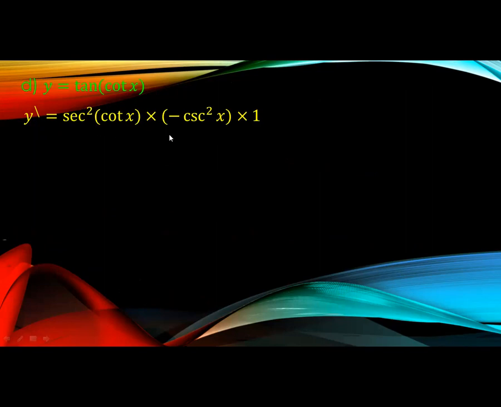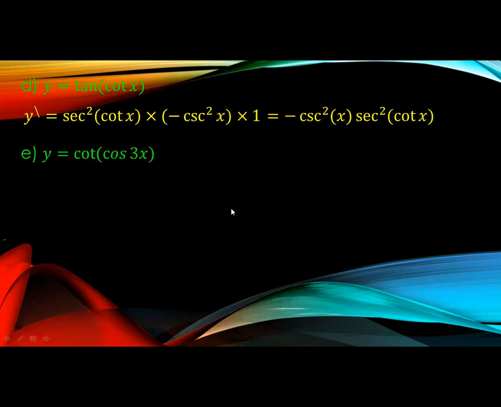The derivative of cotan x is negative cosec square x, multiplied by the derivative of the angle that is equal to 1. And we can simplify this result, it is equal to negative cosec square x times sec square, and its angle is cotan x.